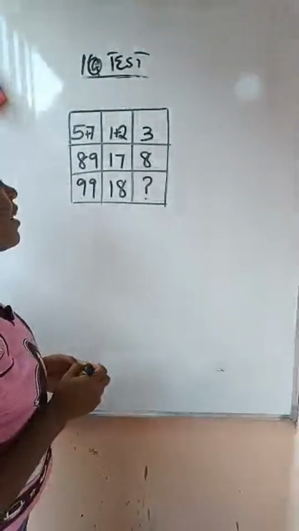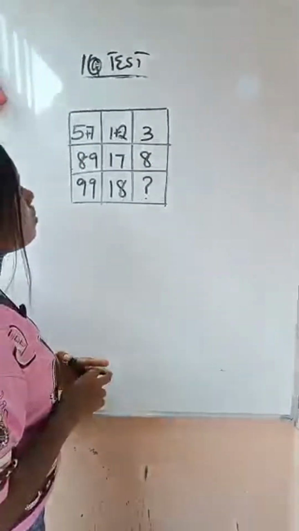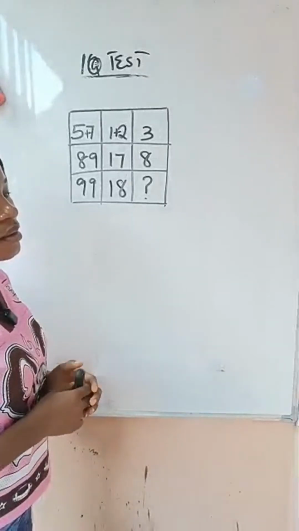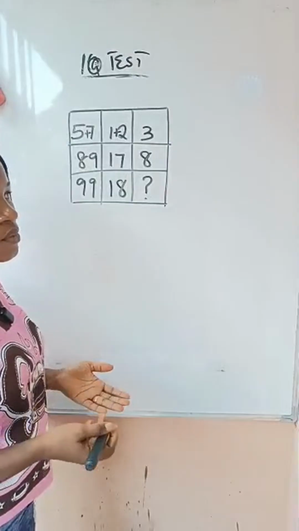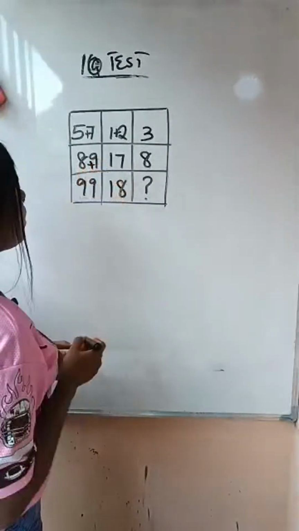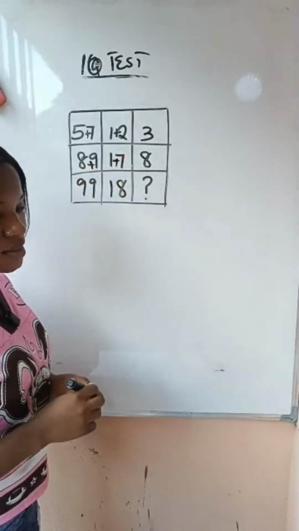We should call it an IQ test because you definitely need to be a critical thinker to be able to develop the pattern, or to be able to see the pattern. So 8 plus 9 is 17 and 1 plus 7 is 8.